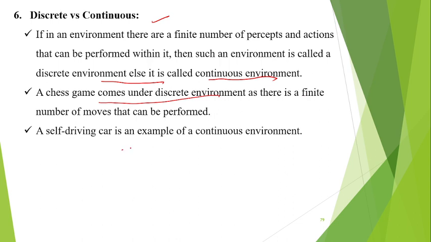Self-driving is a continuous environment, where the state goes on changing. Whereas in discrete, step-by-step processes go on to reach the goal. The chess game comes under a discrete environment as there is a finite number of moves that can be performed. Self-driving is the example for continuous.